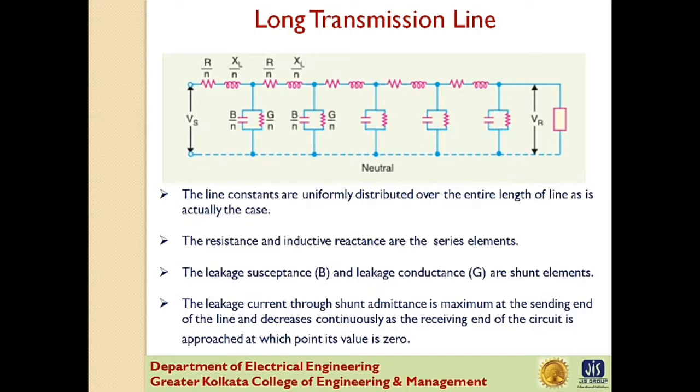Therefore, in order to obtain a fair degree of accuracy in the performance calculation of long lines, the line constants are considered as uniformly distributed throughout the length of the line.